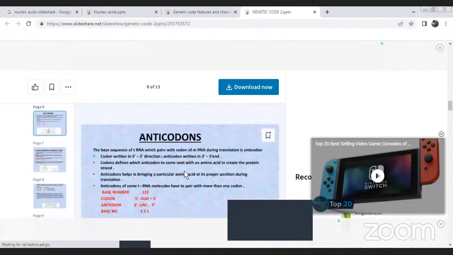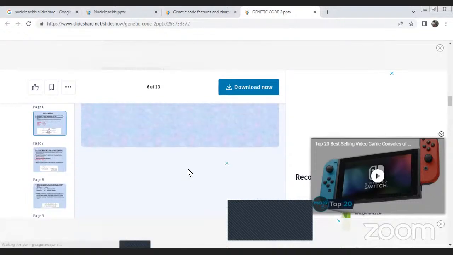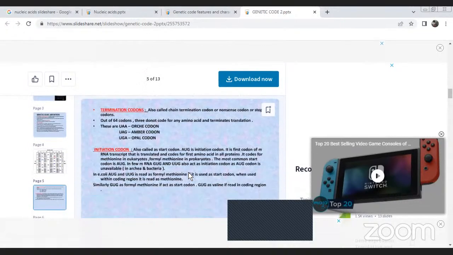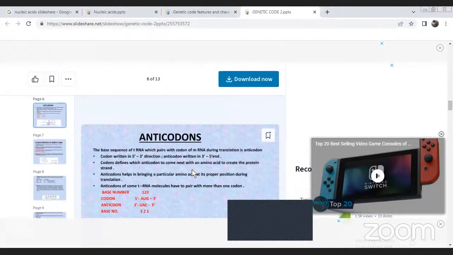What are anticodons? Besides initiation and termination codons, there are anticodons. The base sequence of the tRNA which pairs with the codons of mRNA during translation is the anticodon. Codons are written 5' to 3', and anticodons are written 3' to 5'.